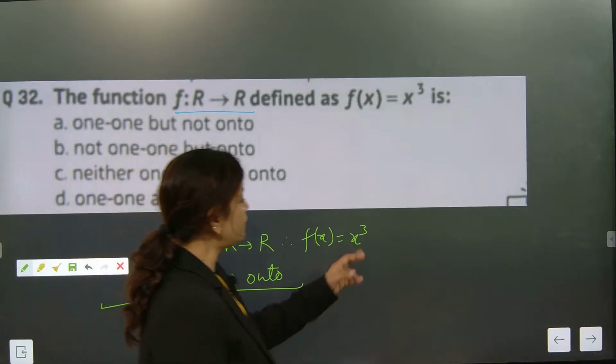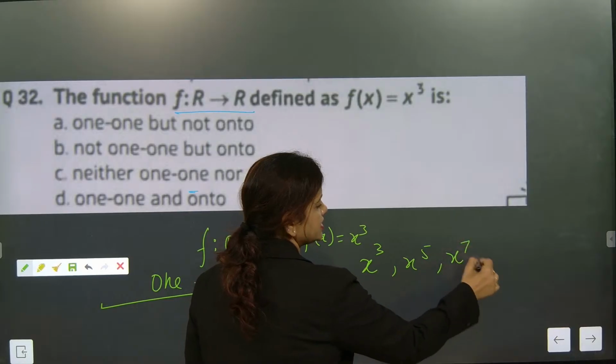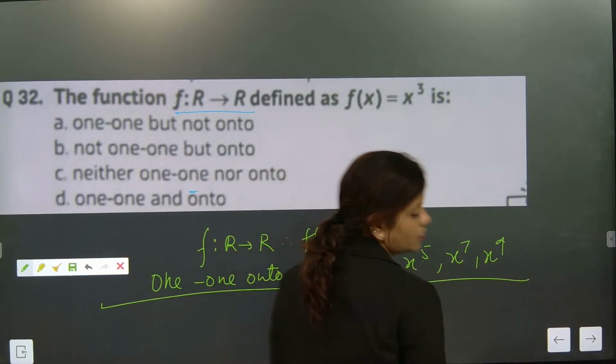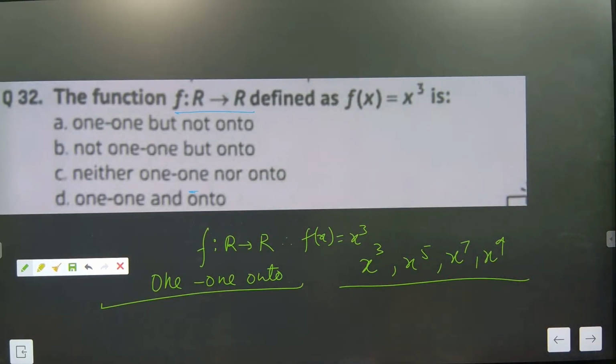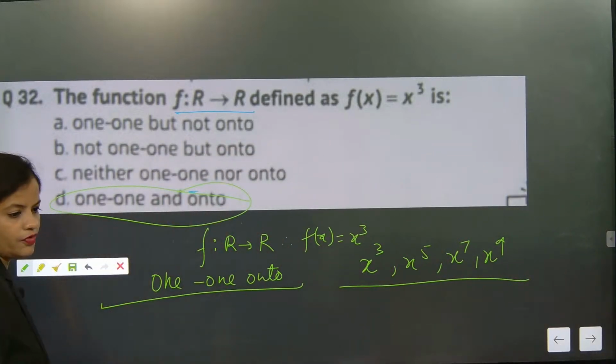So whenever there are odd powers like x3, x5, x7, x9, it will become 1-1 and onto. Note down. The shortest way: f from R to R, real numbers, with odd powers, in just 1 minute we will write that option D is the correct answer. 1-1 and onto will be the correct answer.